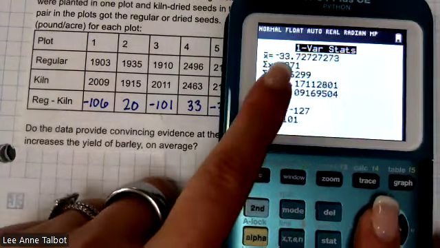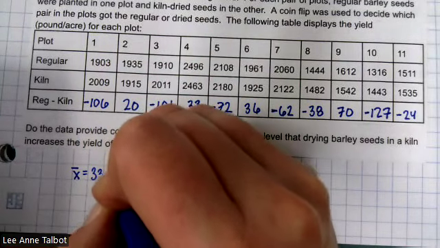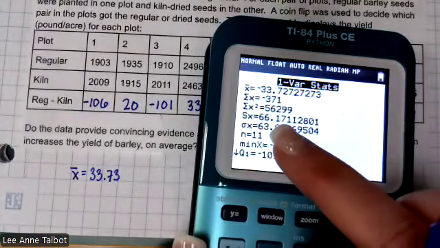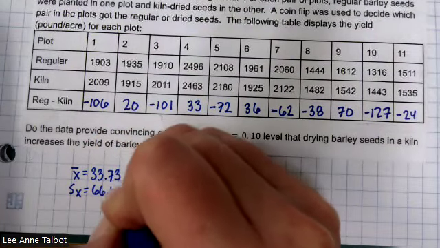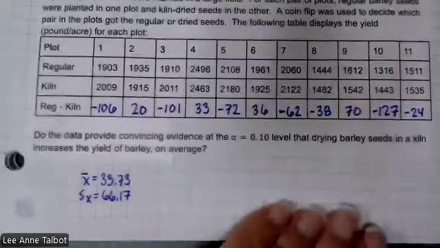Okay, so mean is 33.73. Standard deviation 66.171, 66.17. And then I'm gonna flip the paper over.